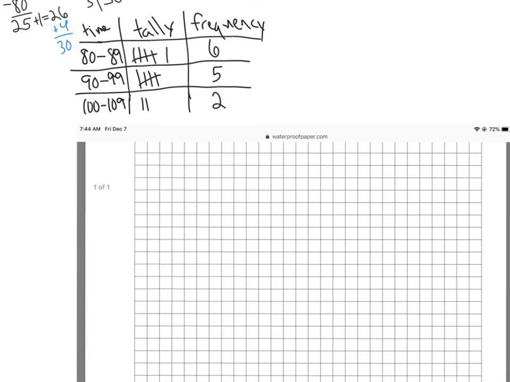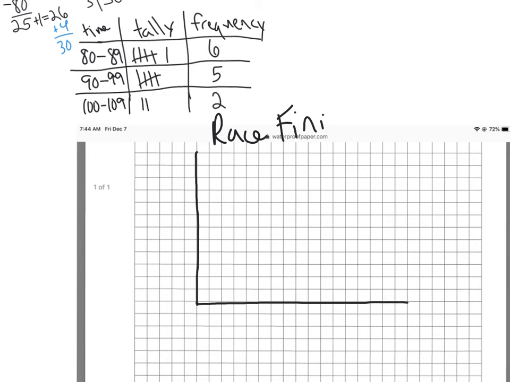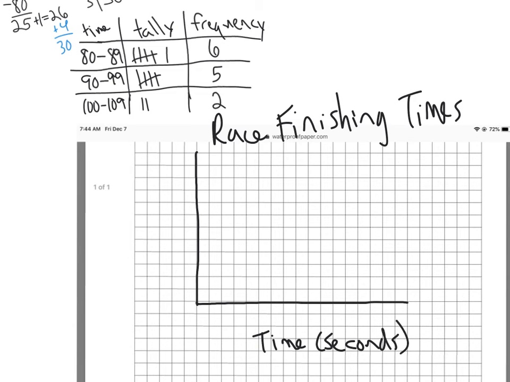So frequency goes up to 6. This is the finishing, we'd say race finishing times or something like that. So this is the time in seconds. Make sure you leave room for your intervals down there.